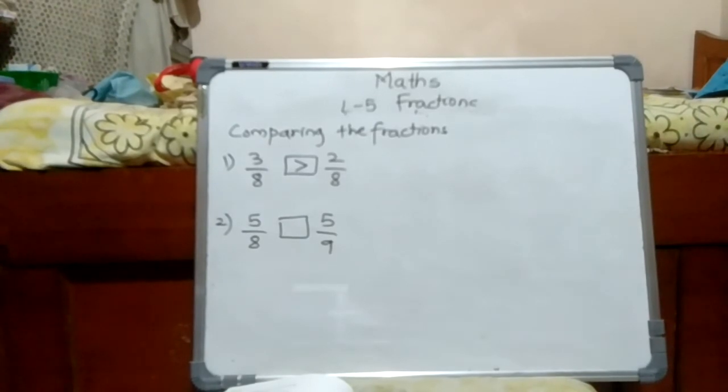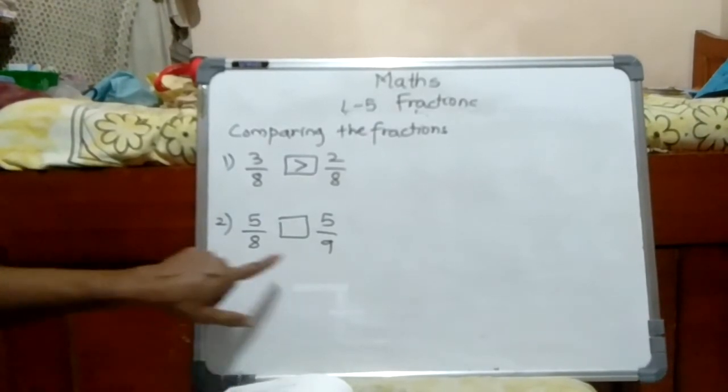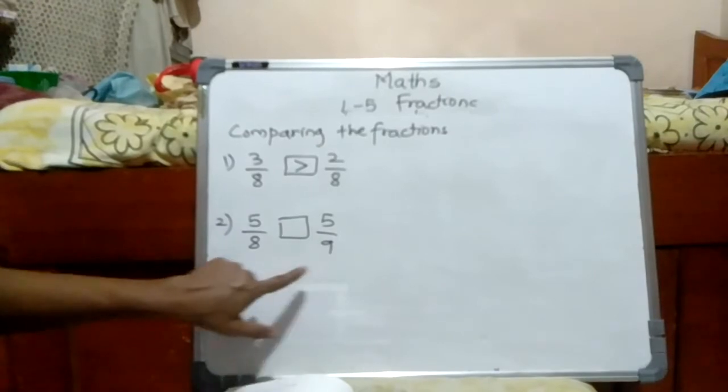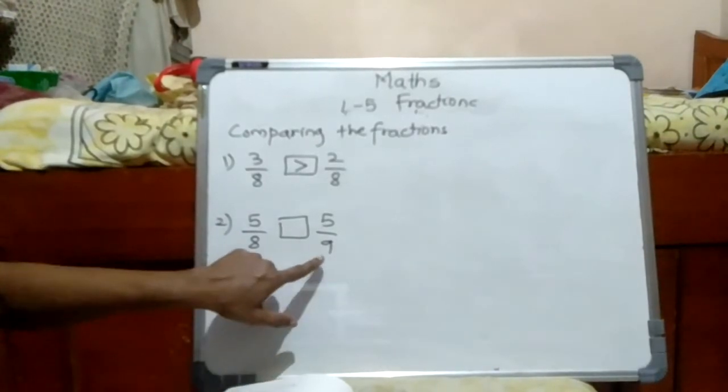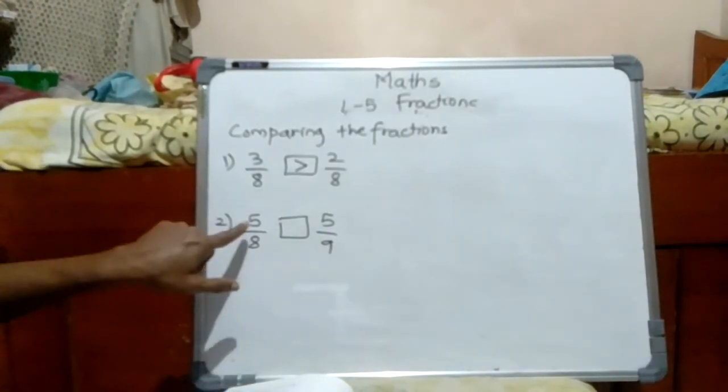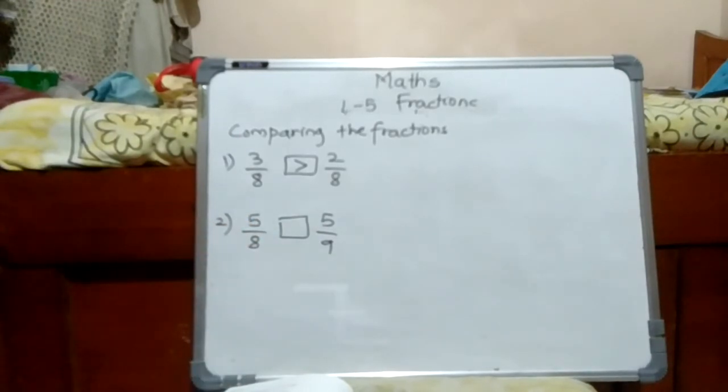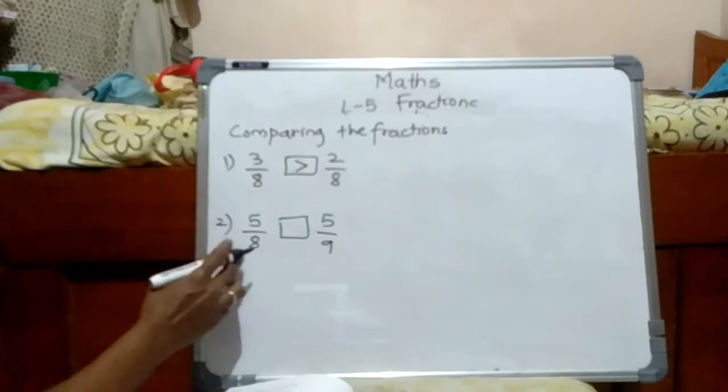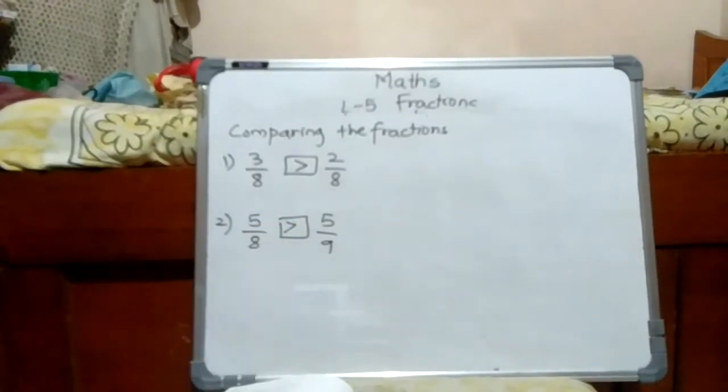Then what we have to see is which number is greater, 8 or 9. 9 is greater, but in this case, when the numerator is the same, we will consider as though 9 is greater than 8, but in the fraction we will consider 5 upon 8 is greater than 5 upon 9. Understood, students? Yes.